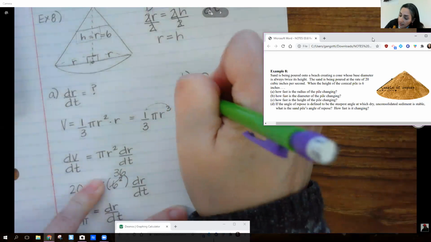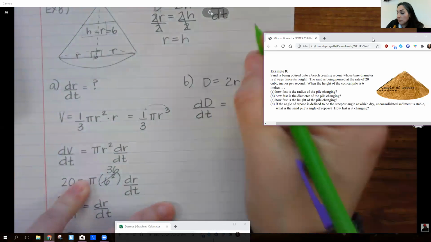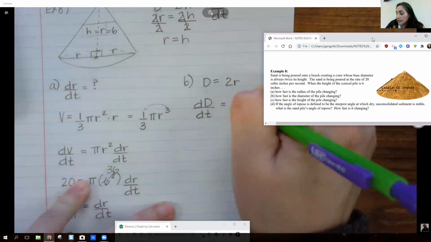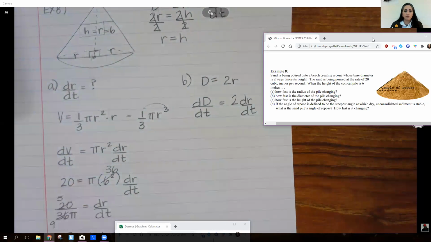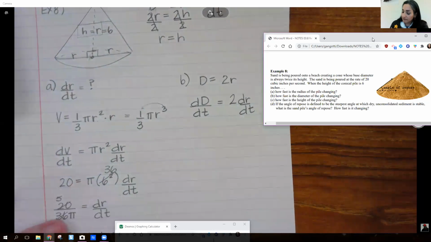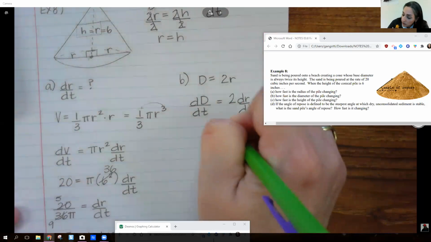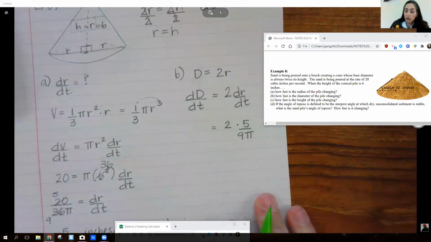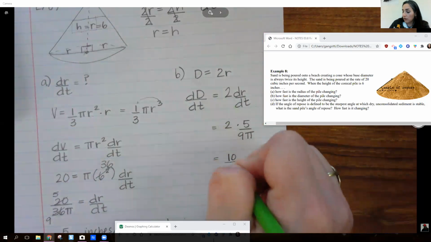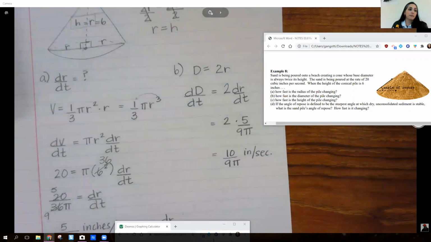So this would be dD/dt. The derivative of this is 2 dr/dt. Then you plug your dr/dt in. So this would be 2 times 5 over 9 pi, which becomes 10 over 9 pi, and this will be inches per second.